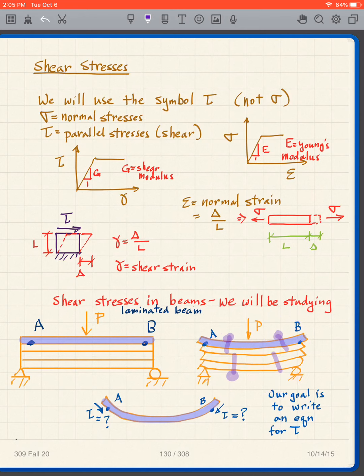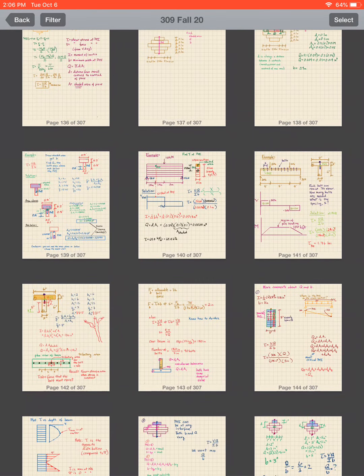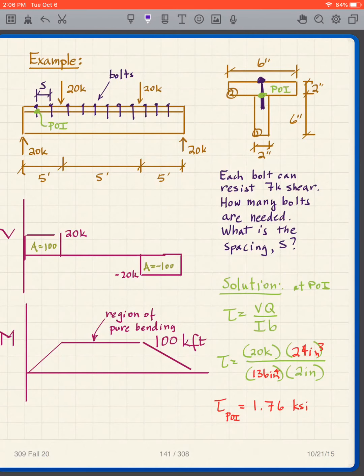So we need to figure out if that's going to happen, or how many bolts do we need to prevent that from happening, or how strong do the bolts need to be. So let's take a look, and we can get that information from our shear stress calculation. So here's my T beam, and I'm going to put my bolt.